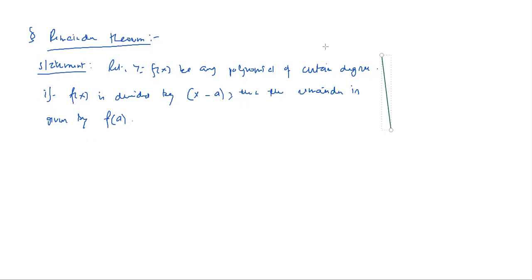Suppose you have divided this polynomial f(x) by x minus a. So you will get a certain q(x) and then you will get a certain remainder. So this remainder is f of a. They have said it like this. We have to show that. This only you have to show. I'll show you a quick proof of this also. But before that, please write down the statement.